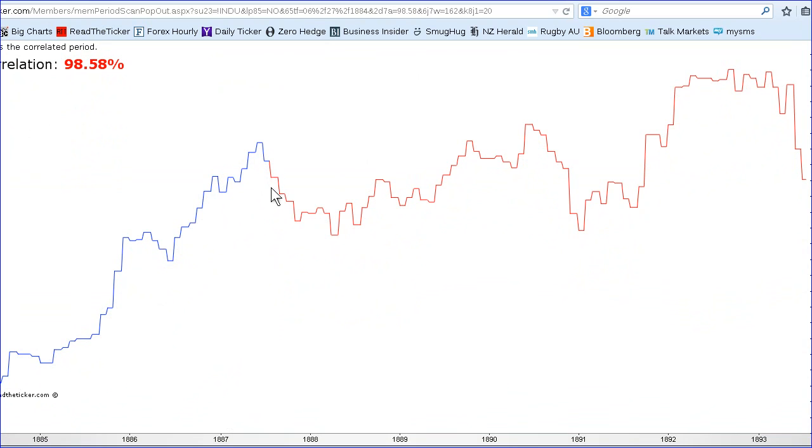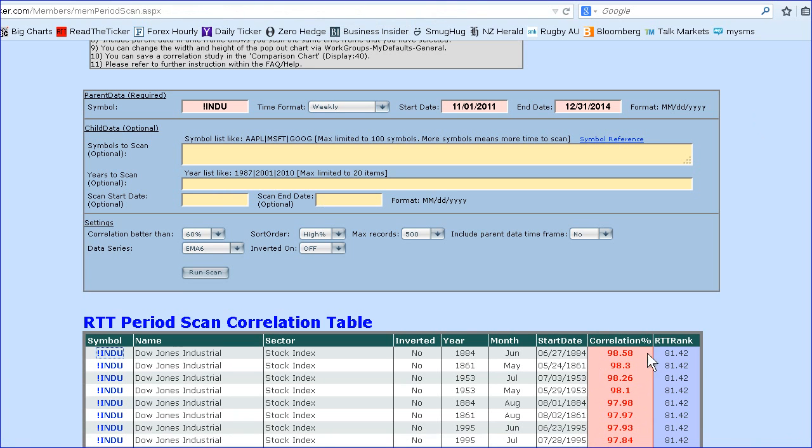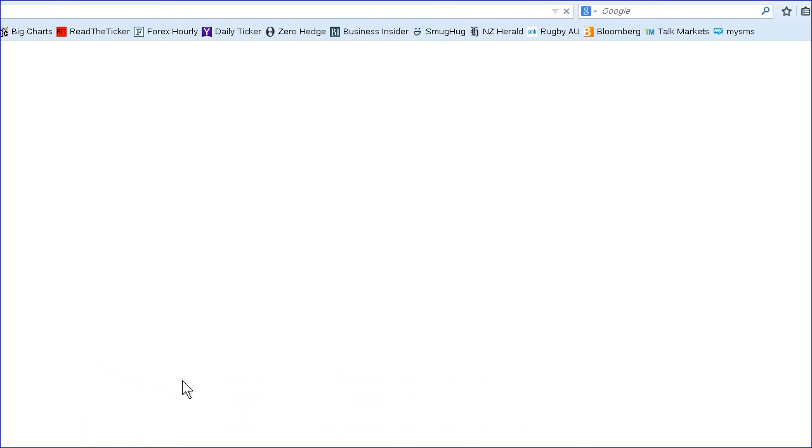It came to a period of pullback, about a 15% pullback, which is a normal reaction. That's pretty good. That's the highest correlation, at 98%. So that would suggest maybe volatility might be coming to the market in 2015. So let's do a couple more.